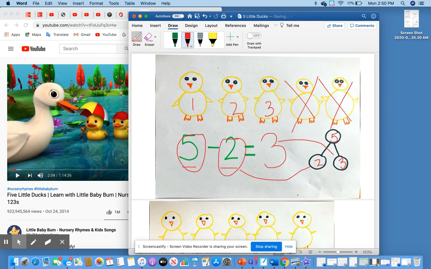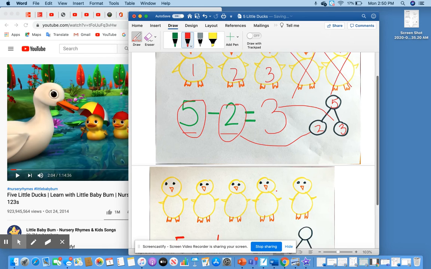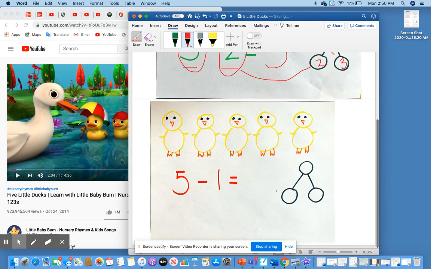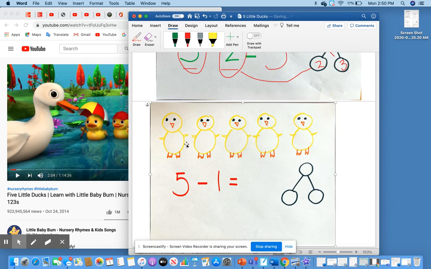Okay, boys and girls, now it's your job. I'm going to show you your activity. You are going to draw me a picture of your 5 ducks, just like Mrs. Huber did. You are going to write this subtraction sentence underneath. Let's read it. It says 5 take away 1. I want you to use the crossing out strategy to help you solve this.